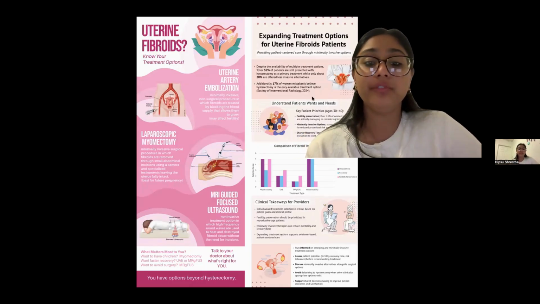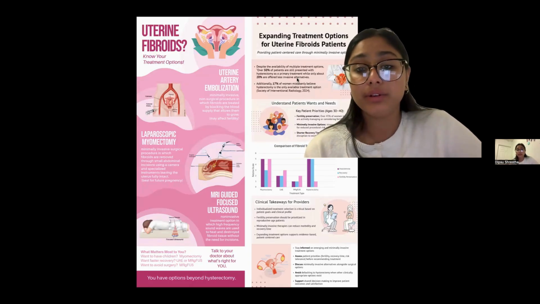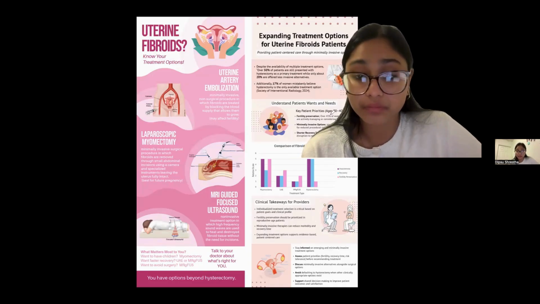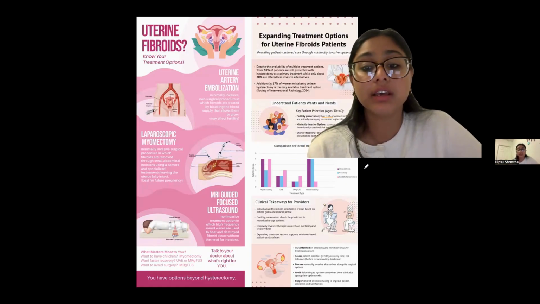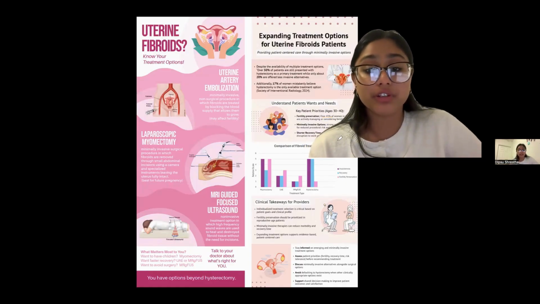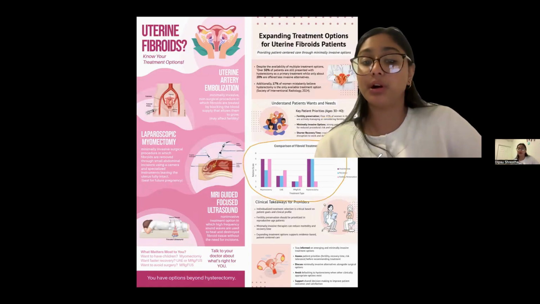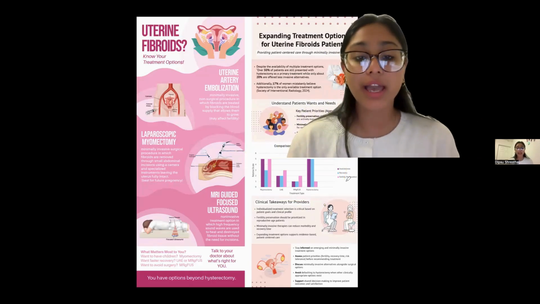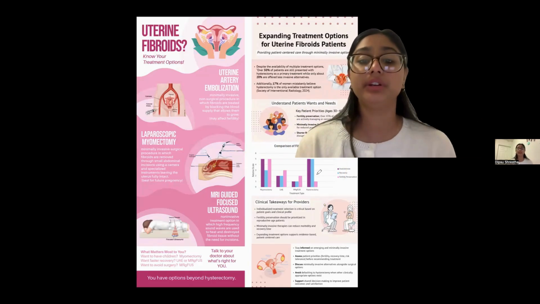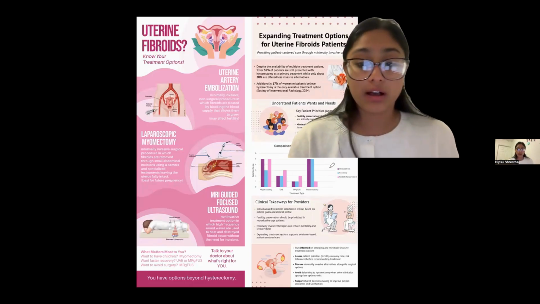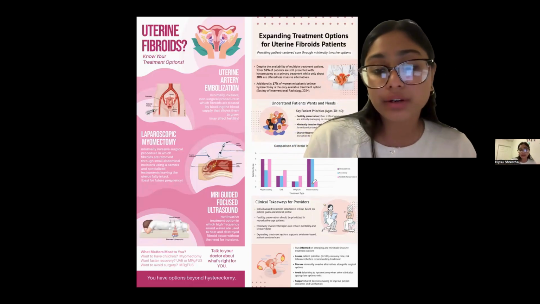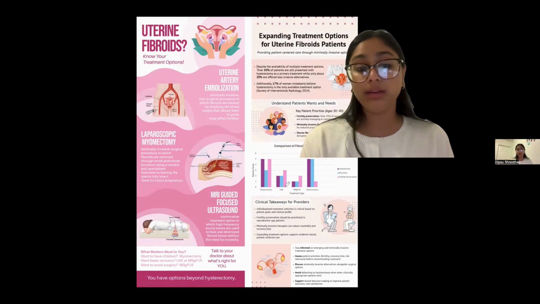So in my provider infographic, I included specific statistics such as percentages, and the main key feature I would say is definitely this bar graph right here. I have included a bar graph comparing the three treatment options: a myomectomy, the ultrasound, as well as a UAE.